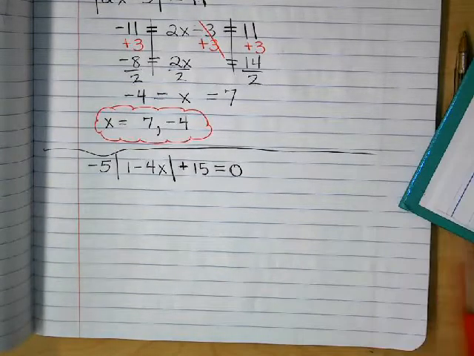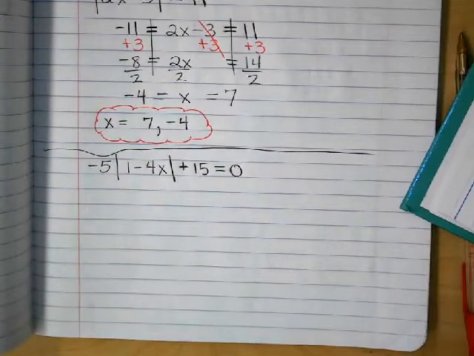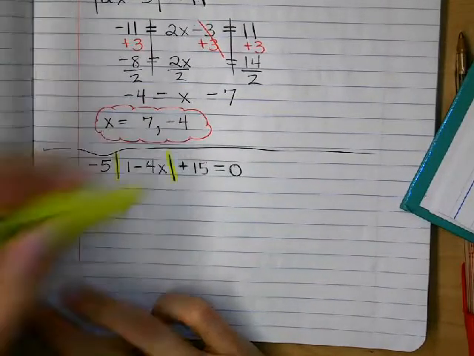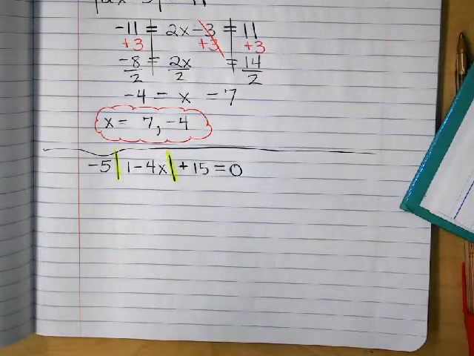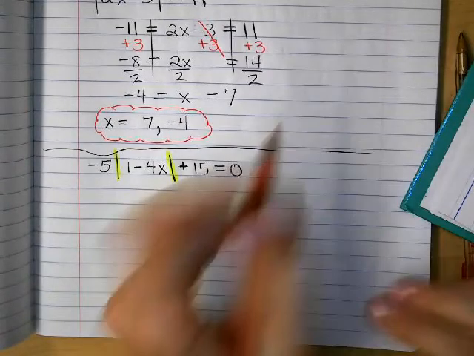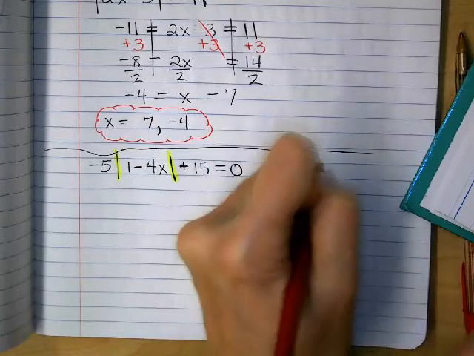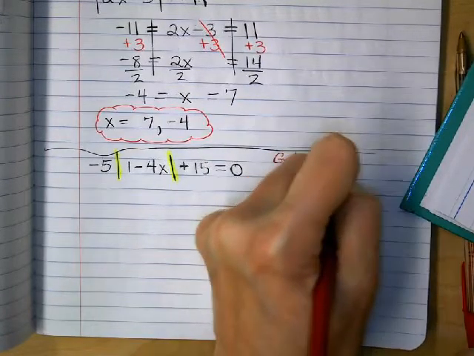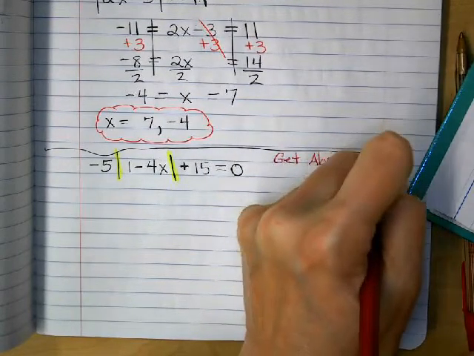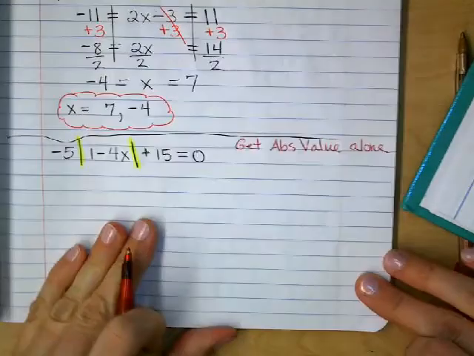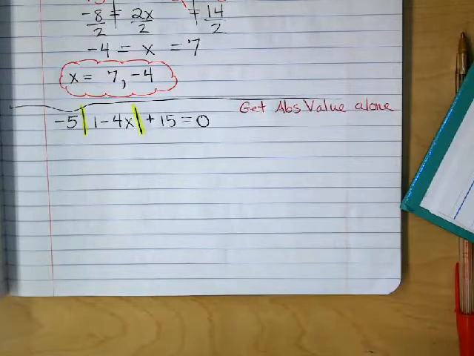All right, when you're going to solve an absolute value problem, again, here's your absolute value problem right here. It's the absolute value. You need to get the absolute value part alone. If you're going to solve it, you need to get that alone.